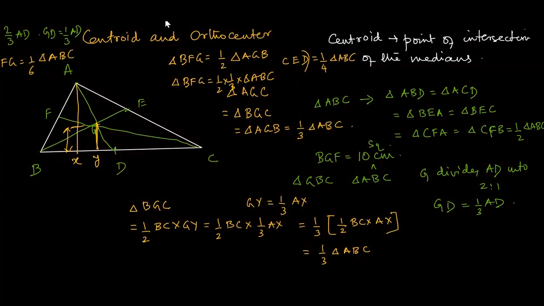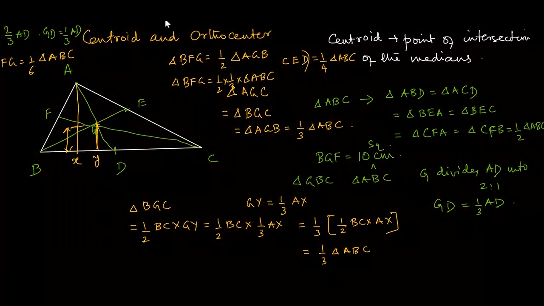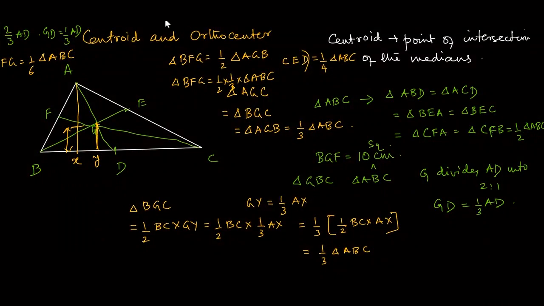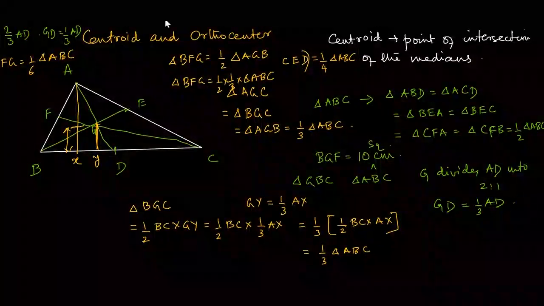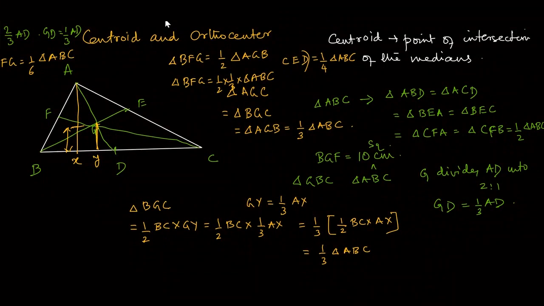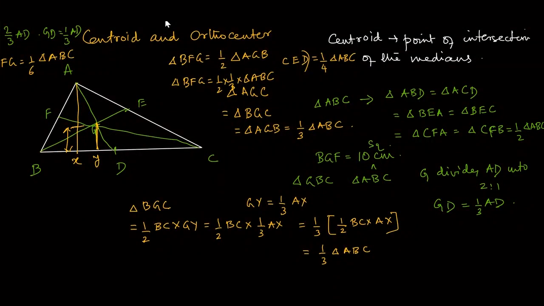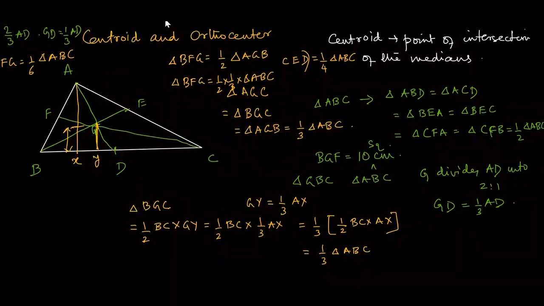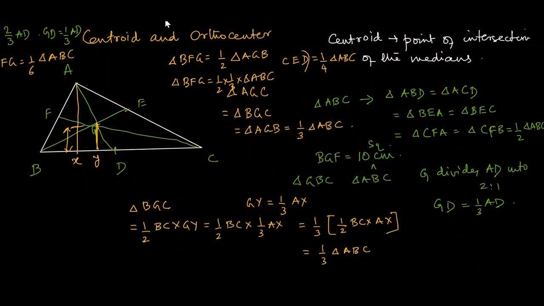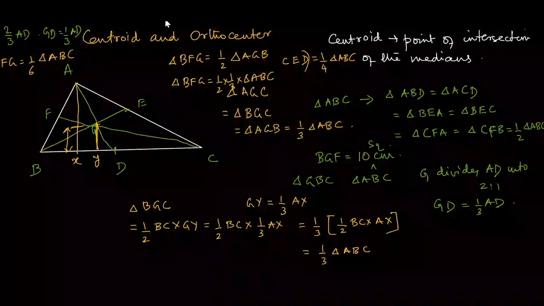Clear? You will not be told anything else. You'll just be told the area of BGF or BGD or any of these is this much. So what is the area of the triangle ABC?